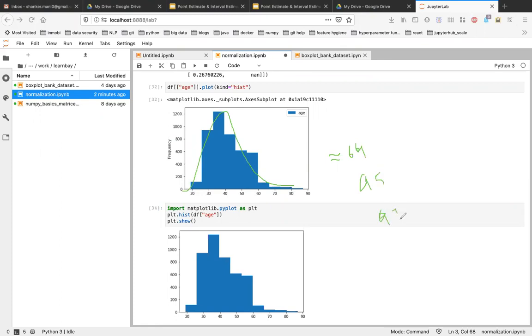What was the third number? Anyone remembers? This is 1 standard deviation left and right of the mean. 95 is 2 standard deviations. I think this is 99.7. Yes, 99.7 covers 3 standard deviations. So this is 68, let's take. We got somewhere around 67.5, right?